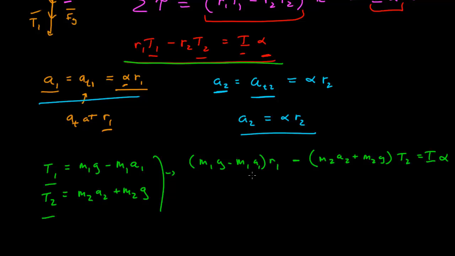Okay, so now I can substitute in for a1 and a2. I'm going to multiply through.